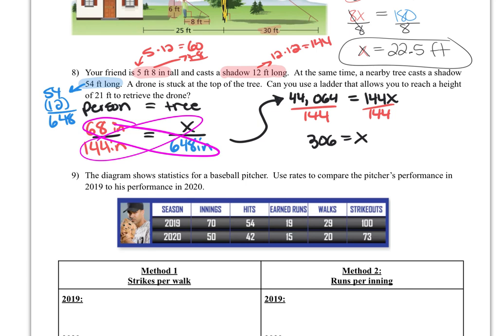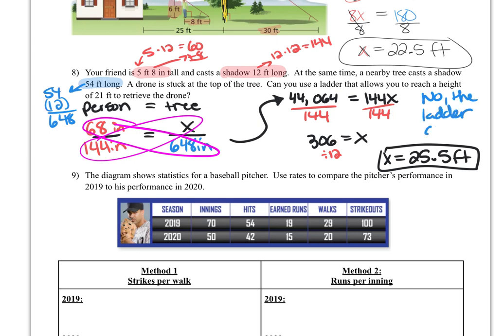Okay, when we divide this guy by 12 to get it back into feet, what do you guys get? 25.5 feet. Okay. So can the ladder reach? No, it's too short. The ladder can't reach.